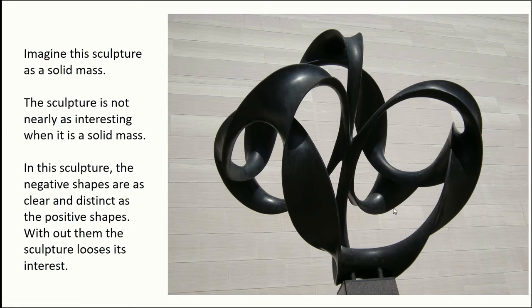My eye flows all over these moving and turning spaces. You just can't not follow them. They're very beautiful. And yet, if we imagine this as a solid mass with no negative space whatsoever, just all black solid, it wouldn't nearly be as intriguing or have as much movement and motion and direction.